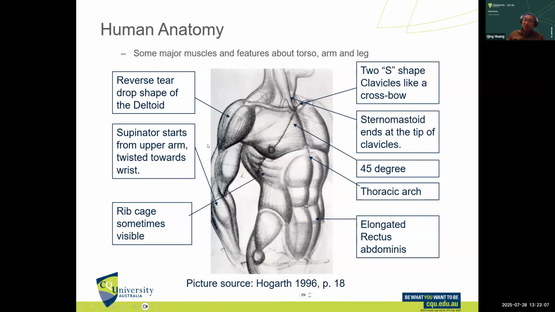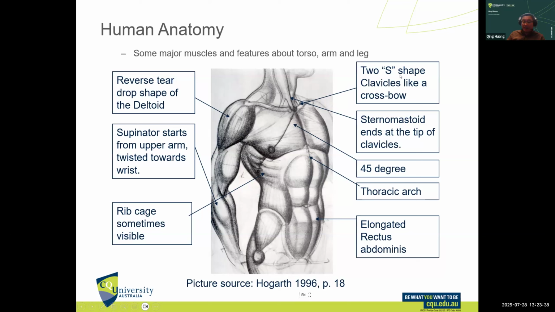So the major shape of the deltoid could be seen as an upside-down teardrop, and the supinator starts from the upper arm and twists around towards the wrist, so that forms some kind of S shape of the forearm. The rib cage is sometimes quite visible here.